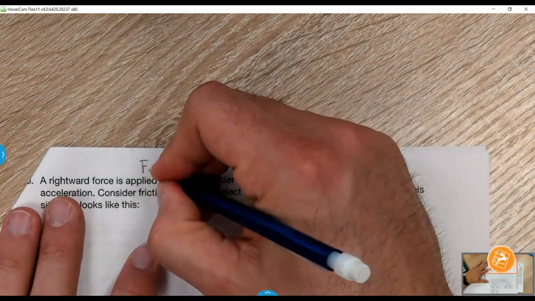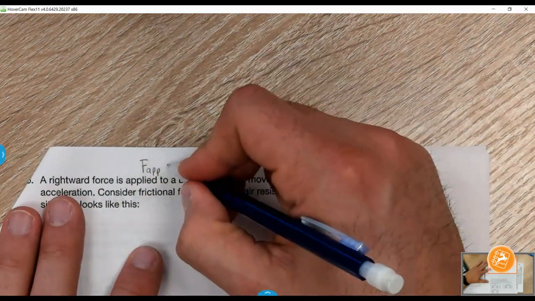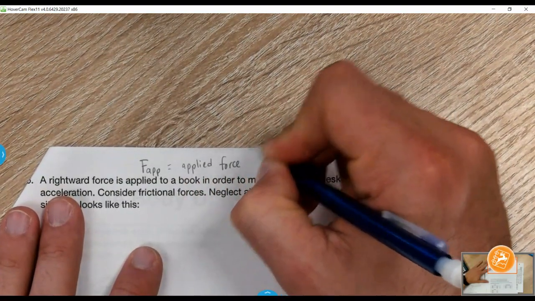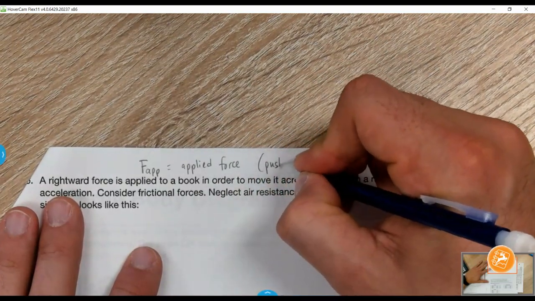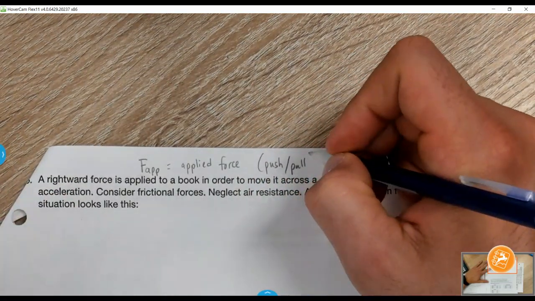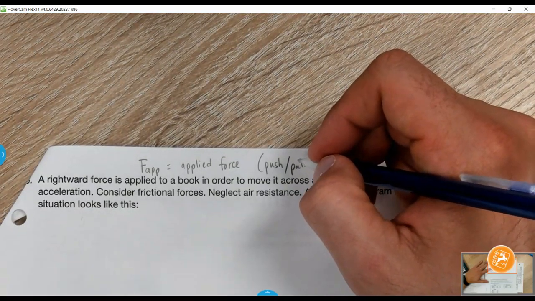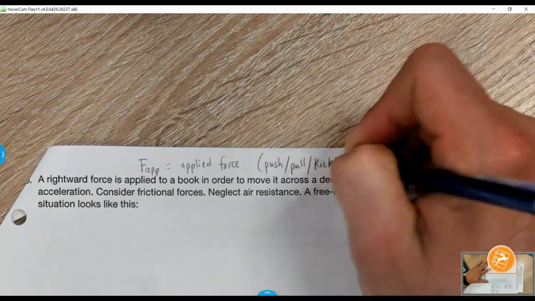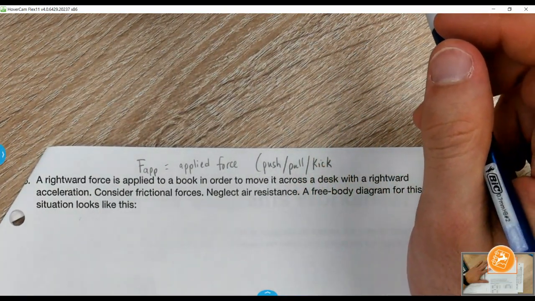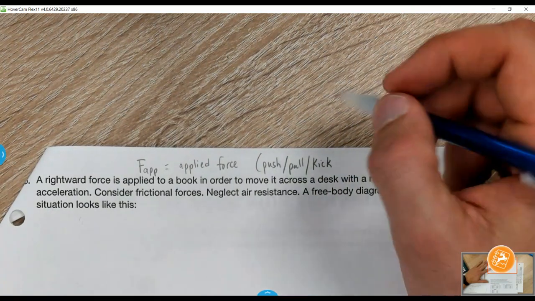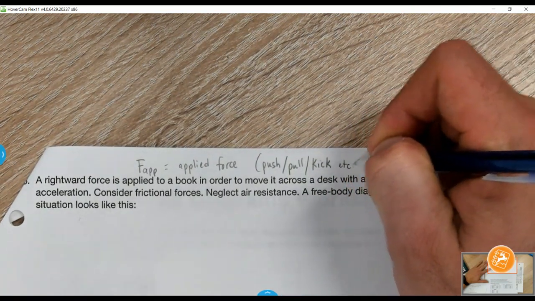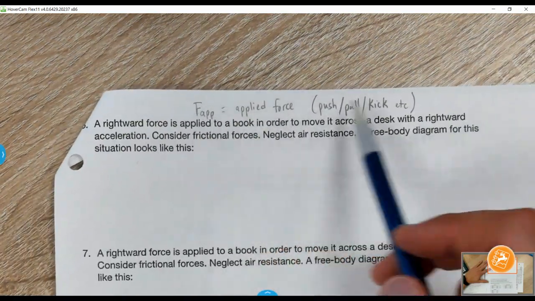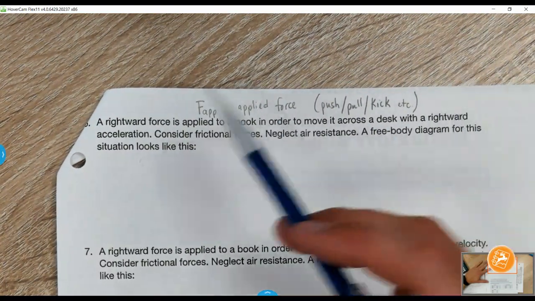F applied is your applied force, and that can be a push, a pull, a kick, a tackle, etc. So F applied is a push, pull, kick, whatever.